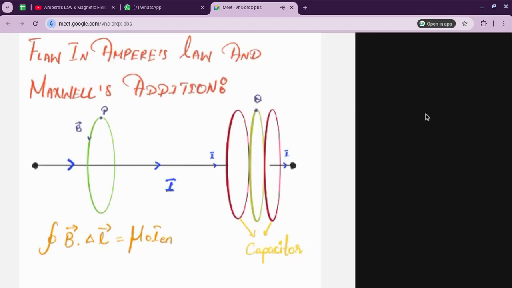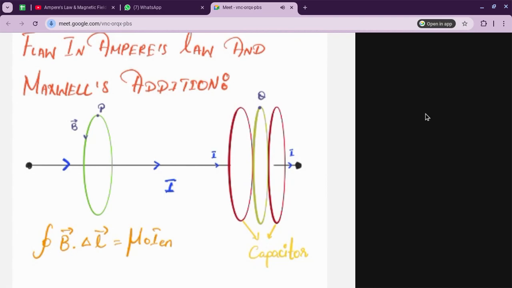So, is this possible that the magnetic field here is constant as well? Suppose the magnetic field at point P is written as BP. Now, what will be the value of the magnetic field according to Ampere's law? If the current is the same, then wouldn't the magnetic field also be the same?